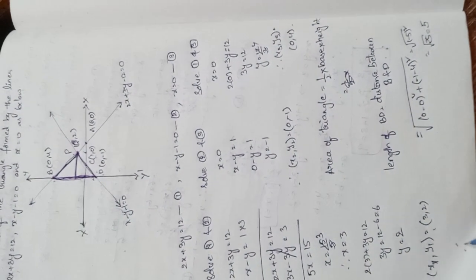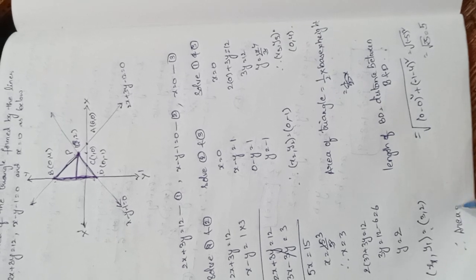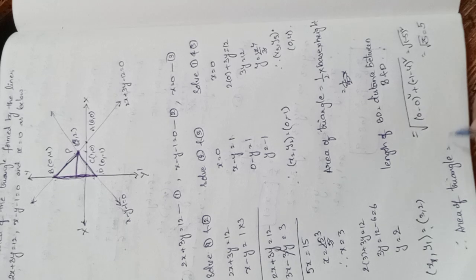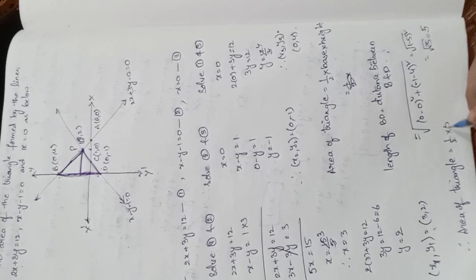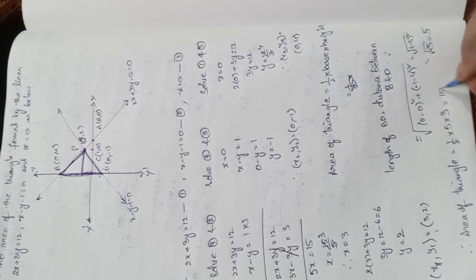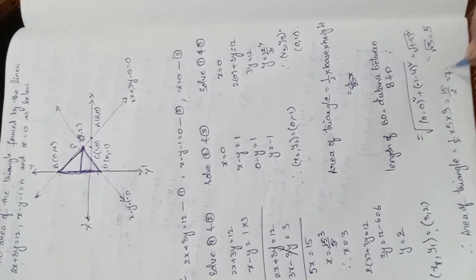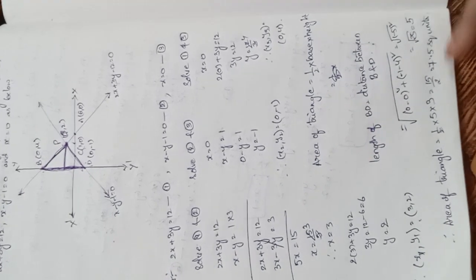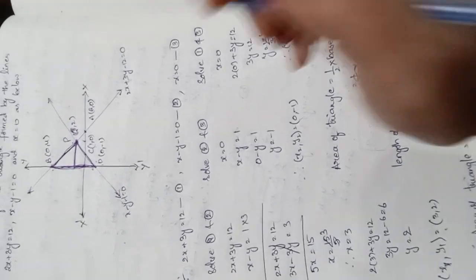Therefore, the area of the triangle equals half into base into height, which equals 15 by 2, which equals 7.5 square units.